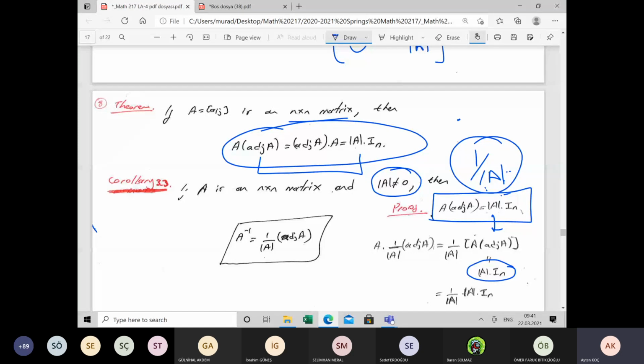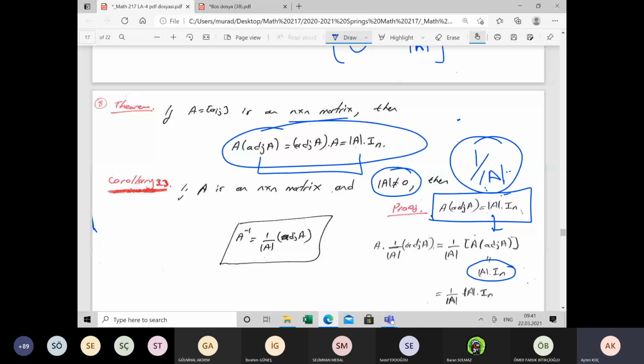So we cancel the scalar, and the left side is this one, and the right side is the identity matrix.